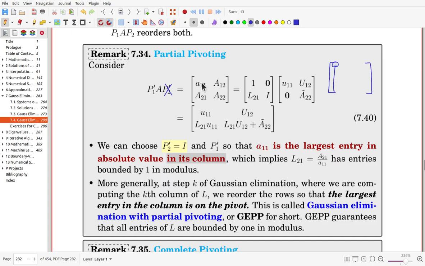And after that, here we try to eliminate the entries below. So that means in LU factorization, the ratio below this entry must be no larger than 1 in modulus, because this entry is already the largest in modulus.